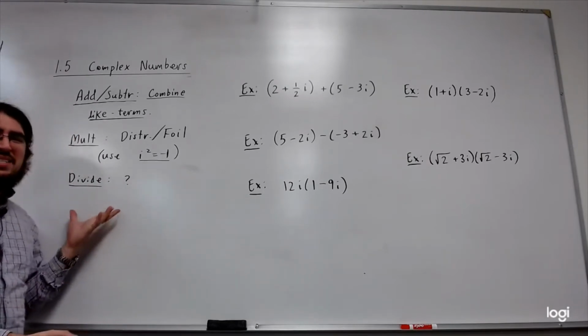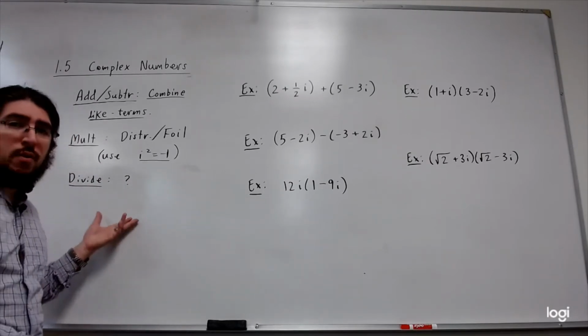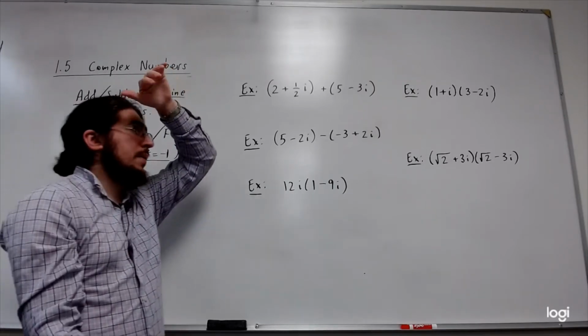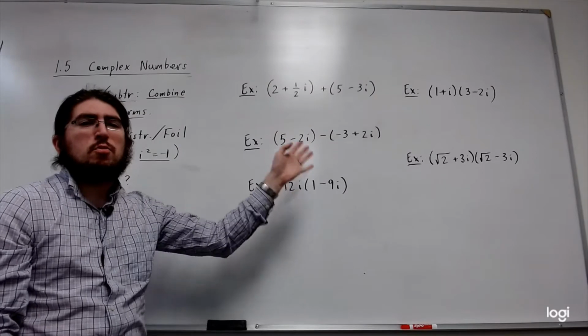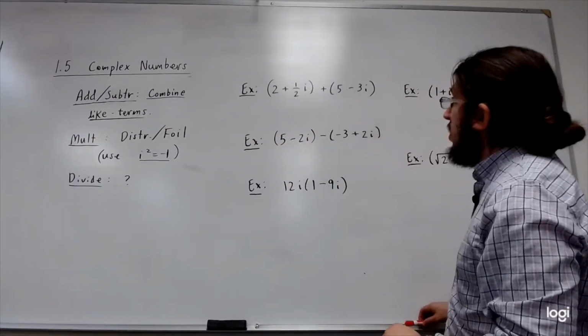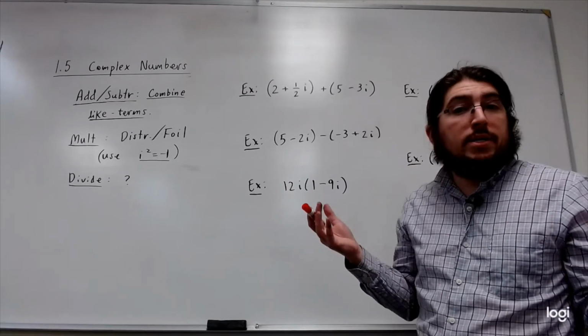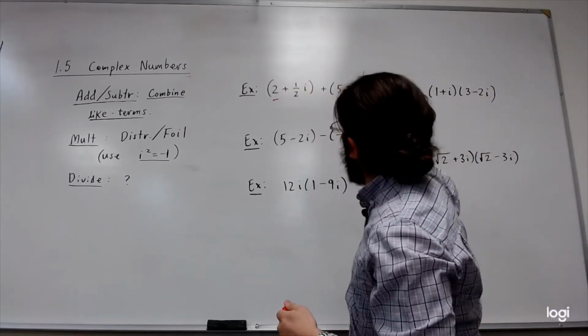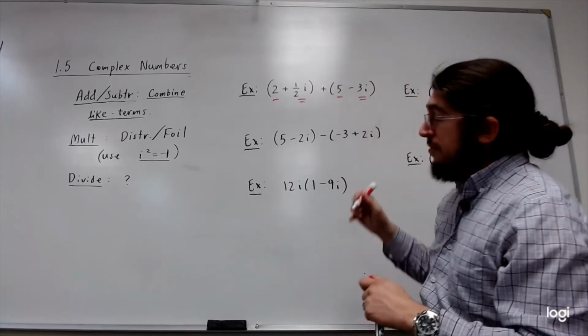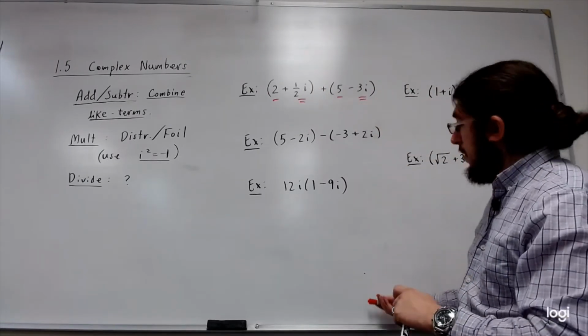Division is kind of unknown. I'm going to keep that as a mystery for right now. We'll see that more after doing these problems. So here I want to do an example of addition, subtraction, and a few multiplications. So for these first few of addition, all I'm going to do is combine like terms. Simple enough. 2 and 5 are like terms. 1/2 and -3i are like terms. So all we need to do is combine those.